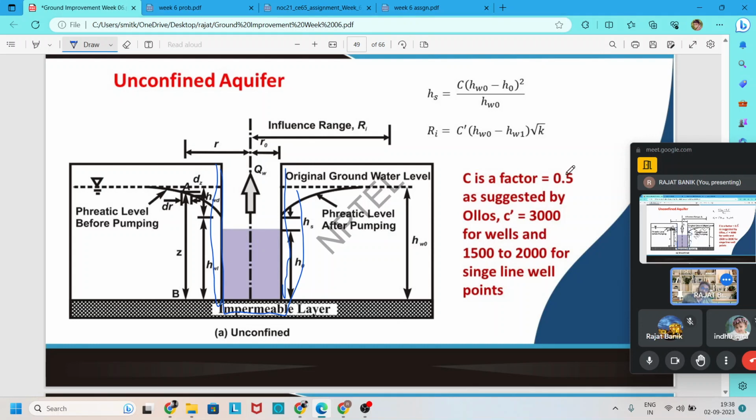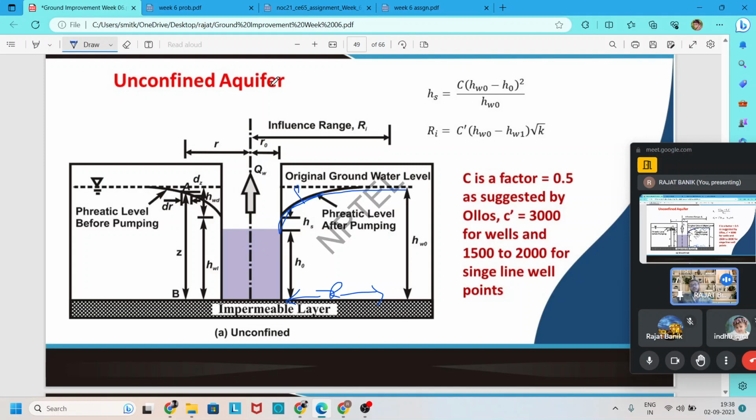After that, we see the original groundwater table is here, and if we pump out the water from the surrounding soil through this well, the groundwater table is slowly reducing around the well point like that. This water table is lowering.